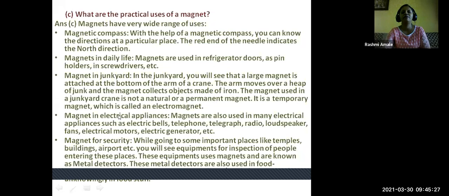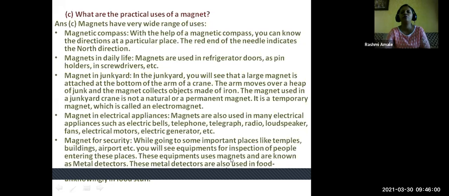Next point, magnet in electrical appliances. Magnets are also used in many electrical appliances such as electric bells, telephone, telegraph, radio, loudspeaker, fans, electrical motors, electric generator, etc. And the next point, magnet for security. While going to some important places like temples, buildings, airports, etc., you will see equipments for inspection of people entering these places.